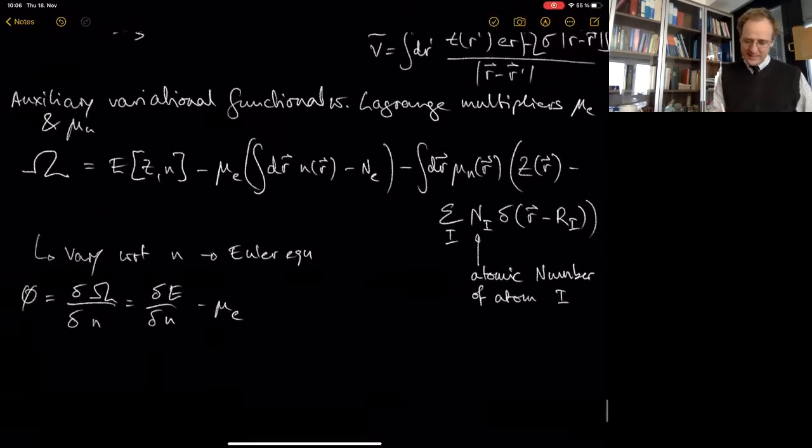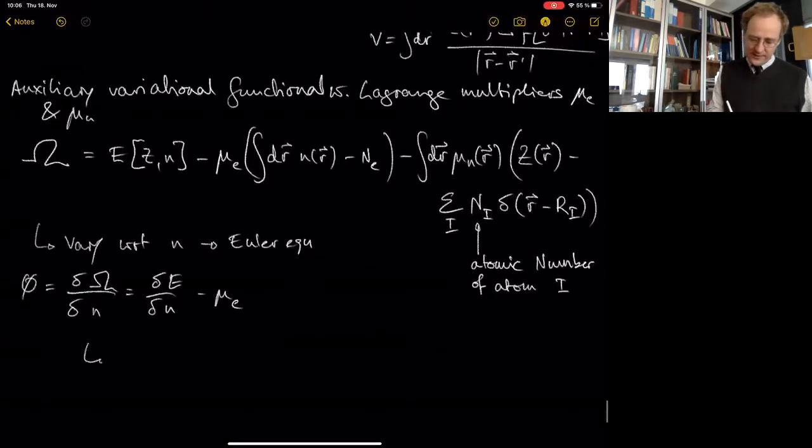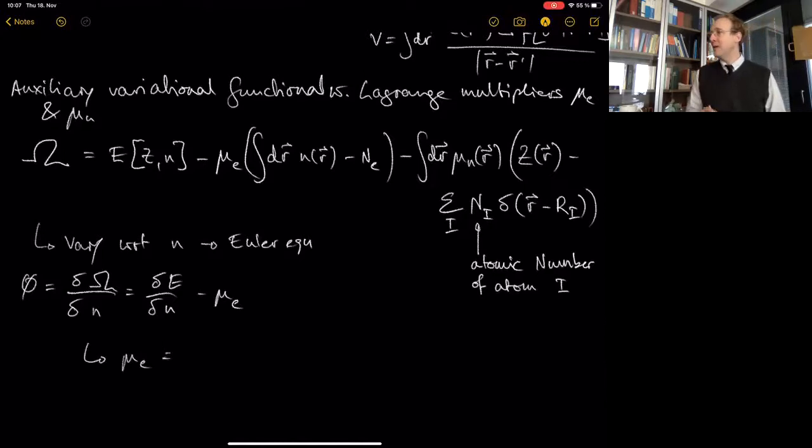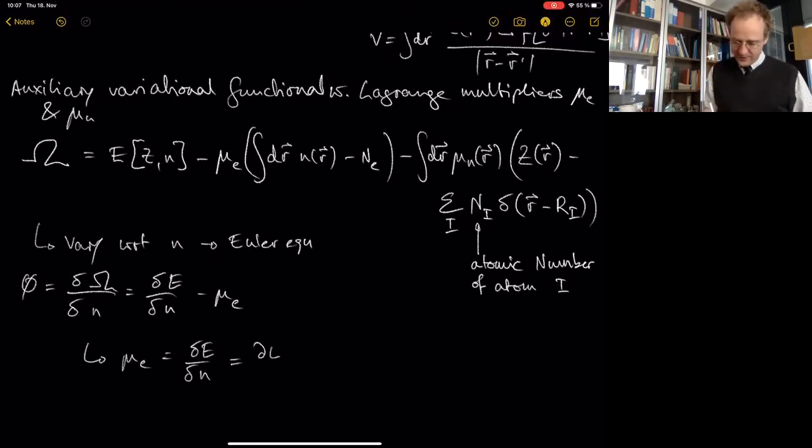And from this then follows that we can identify μe, our Lagrange multiplier, as the variation of energy with respect to electron density, and you can show that this is equivalent to actually the change of the energy with respect to number of electrons.